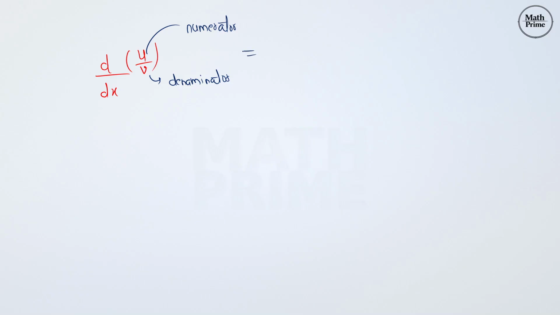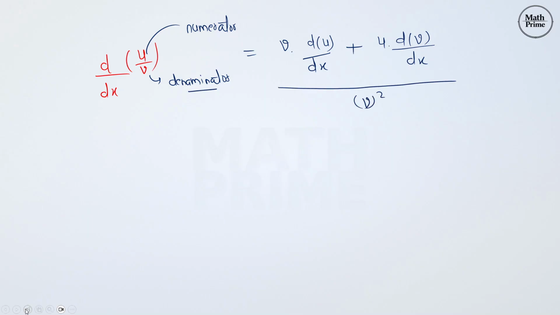When we take the derivative, first we take the denominator as it is and derivative of numerator plus numerator as it is derivative of denominator, and upon denominator square, means v square.